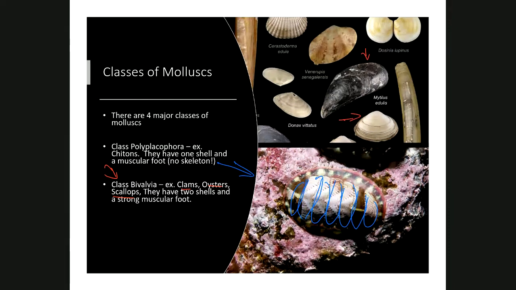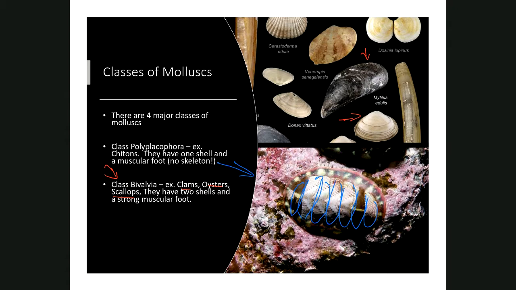All sorts of different bivalves exist just in this area here in New York, and if you include the whole planet, there's a large number of biodiversity within this group alone.